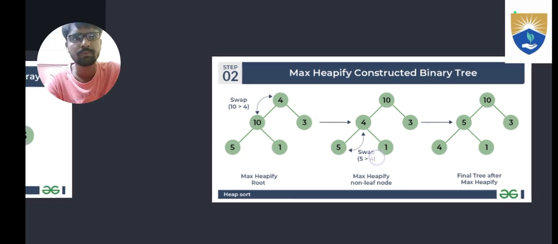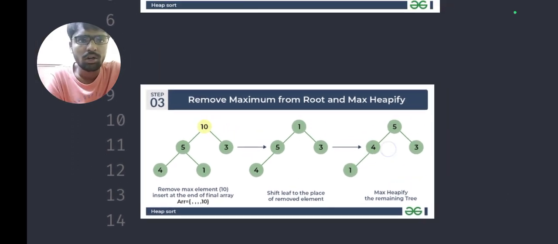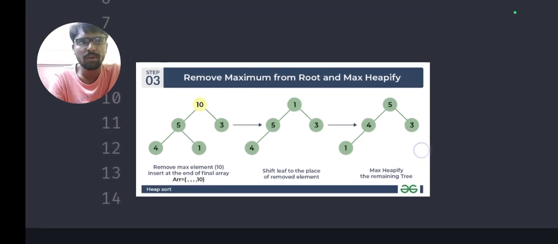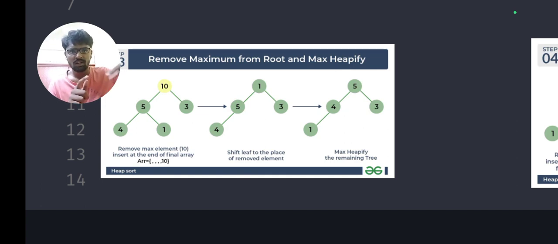Now when I perform heap pop, this function eliminates the first element present in the heap queue. Now the 10 will be eliminated and 1 comes.